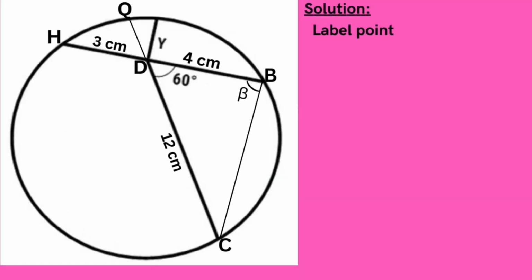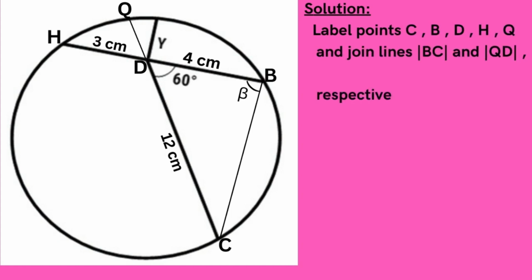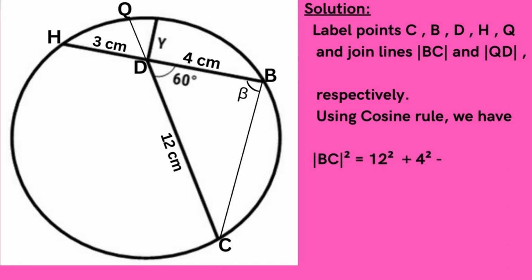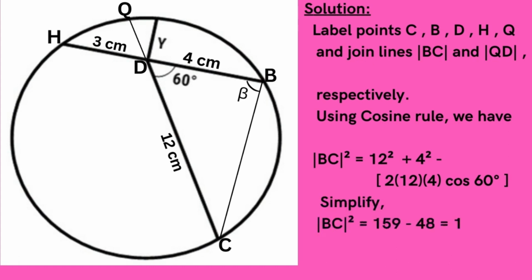Label points C, B, D, H, Q and join lines BC and QD respectively. Using cosine rule and substituting values, simplify and we have that the square of BC equals 48 subtracted from 159, which is equal to 112.